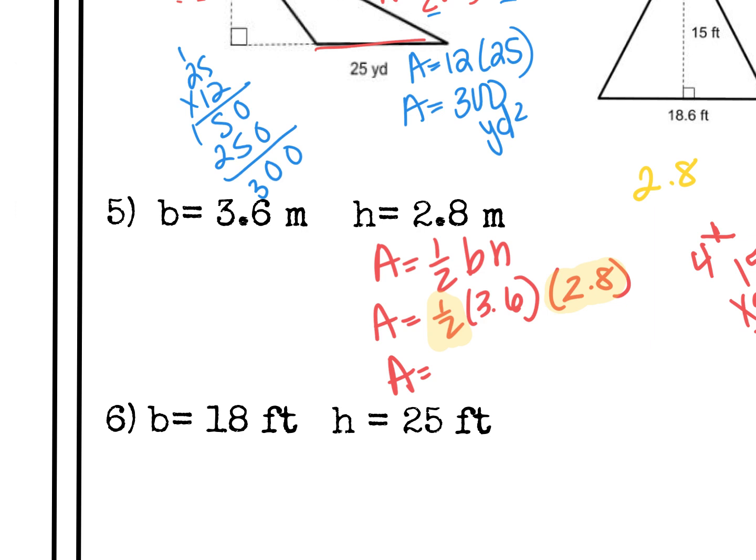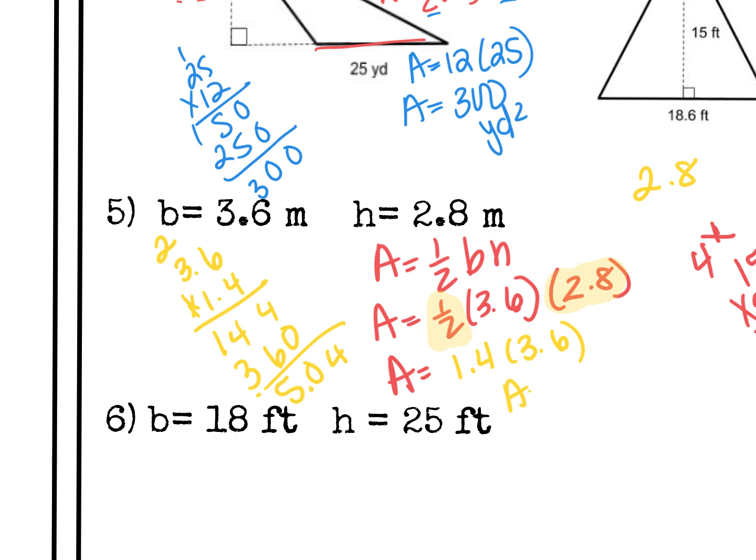Half of 2.8. I only want half of that. It's 1.4 times 3.6. It's 24, 12, 14, placeholder 6, 3, 504. Area equals 5.04 meters squared.